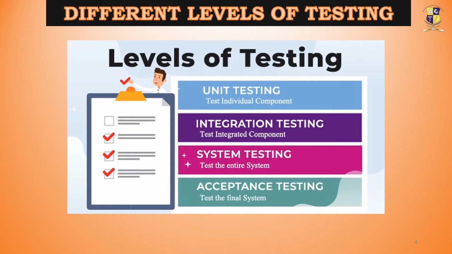Unit testing is where you test individual modules, and integration testing is where you test when you integrate 2 or more components. When you try to integrate all these modules, you need to test the integrated component. Next is system testing, where you test the system as a whole. And finally, acceptance testing is where you test the final system.